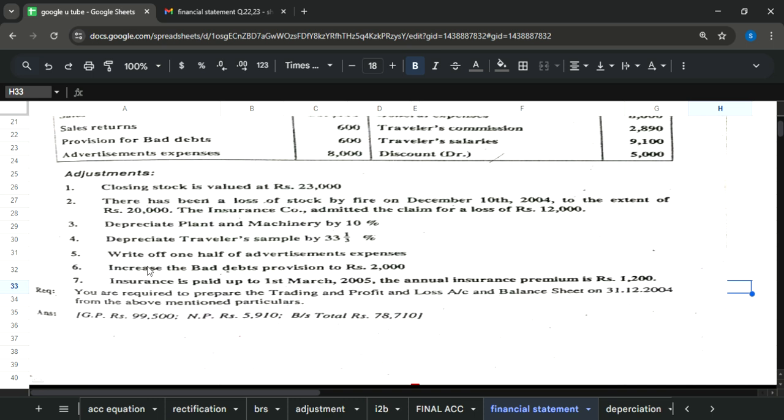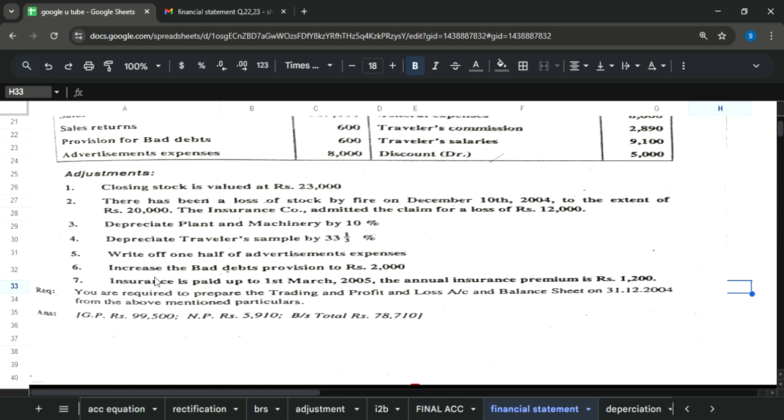Increase. In the last 3-4 questions we were continuously observing and doing increase in bad debts, but today it is very different. Look here. The word increase is used, but beside that, this word is very important: increase to.